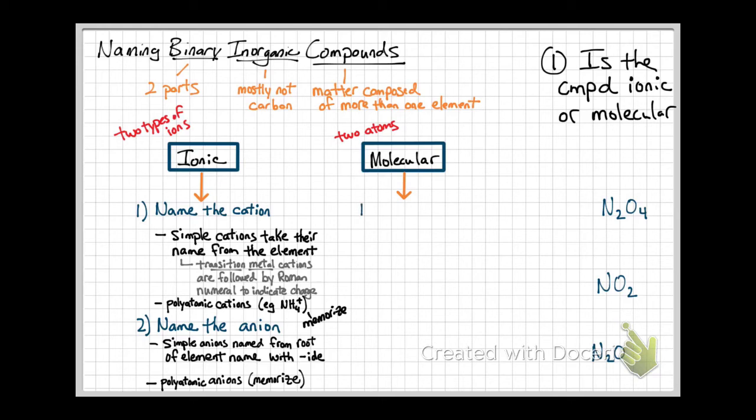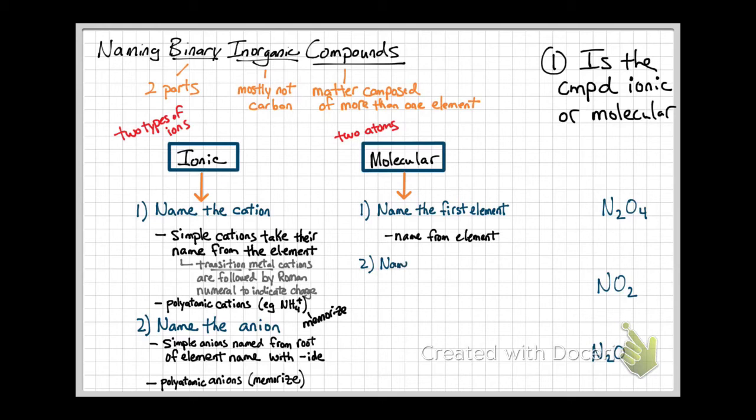So for molecular compounds, first step, simply name the first element in the compound, and this is going to be using a similar method to the ionic compounds. The name of the first element is just the name of the element itself. Okay, so there's no modification.